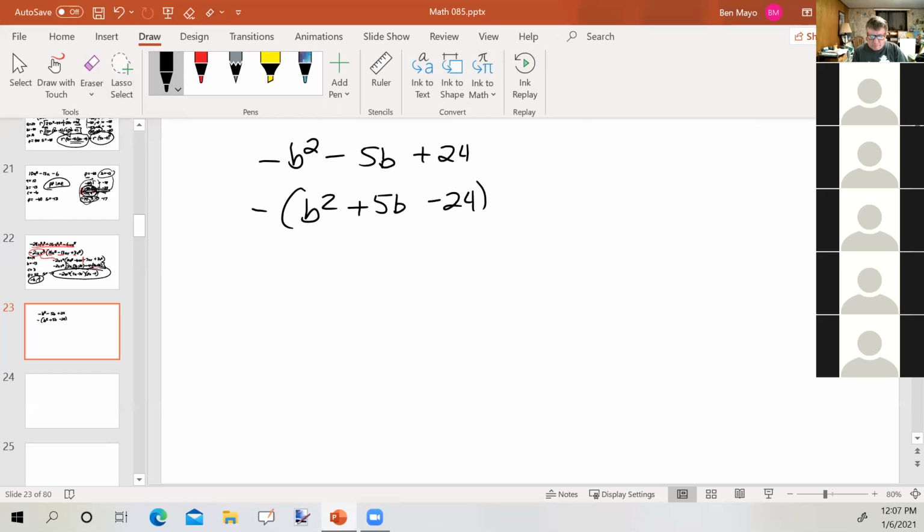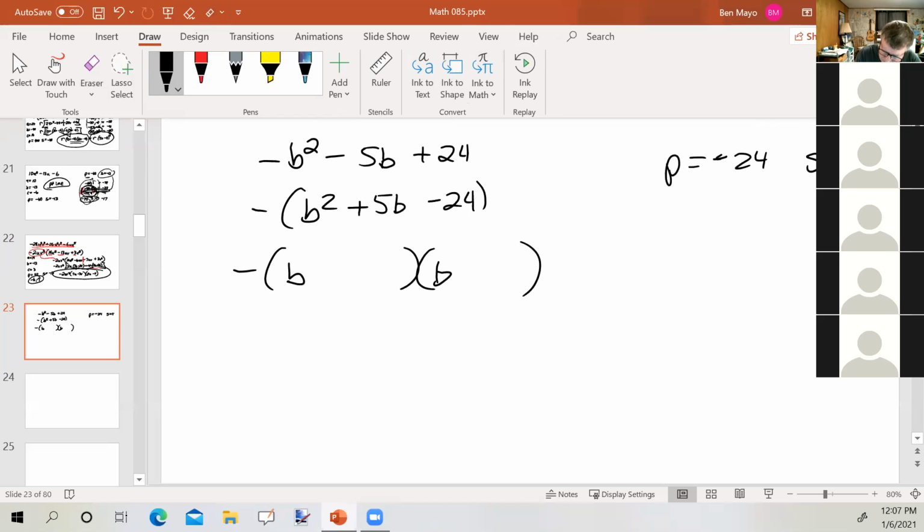Okay. Oh, it has a leading coefficient of a 1. So I don't have to use this grouping method. I can go back to 6.2 and split it up, a b and a b. The product is going to be what? -24, and the sum is going to be 5. Product is negative, one positive, one negative.